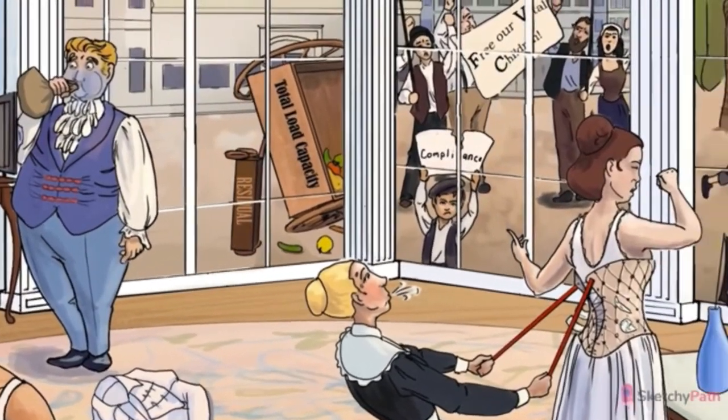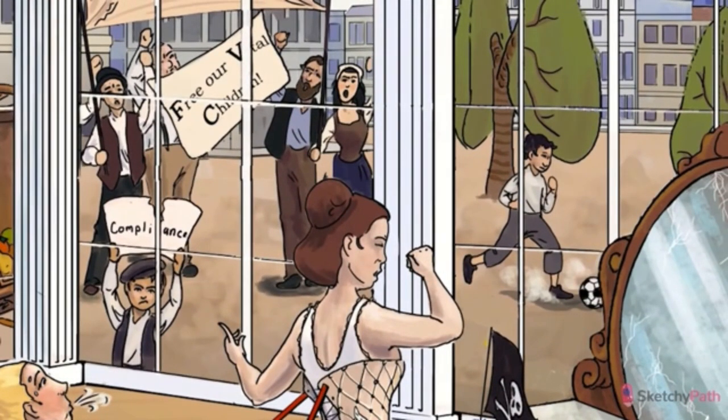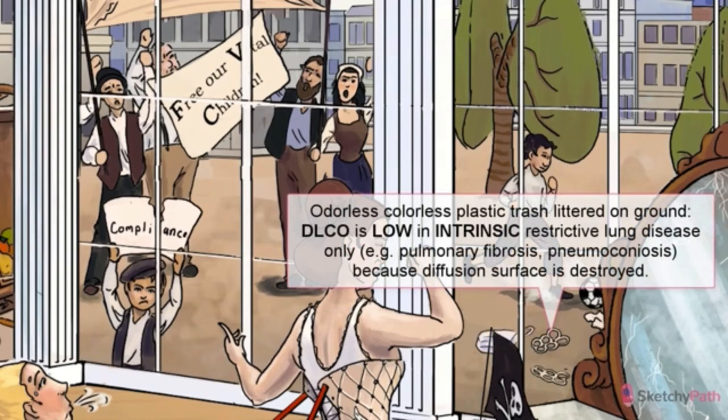Only when the disease is affecting the lung itself will you be able to measure the decreased diffusion capacity of the lung. This is assessed by measuring the diffusion capacity of carbon monoxide, abbreviated DLCO. Any pathologic process that destroys or alters lung tissue will decrease the DLCO since it becomes harder for gas exchange to occur.